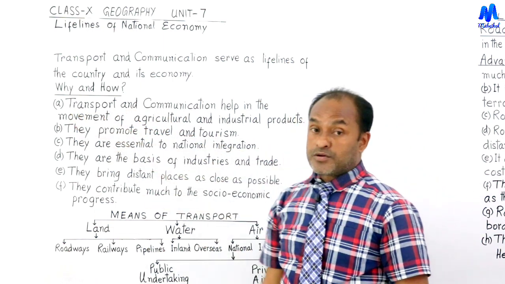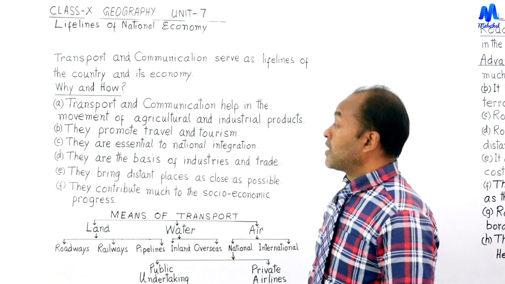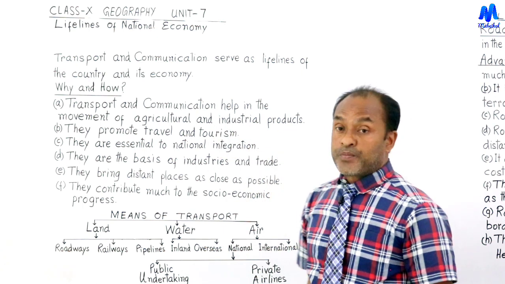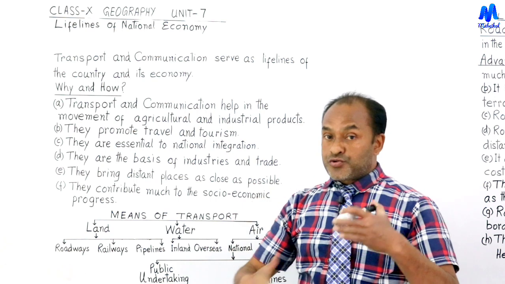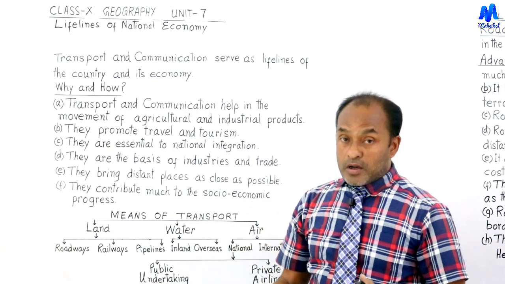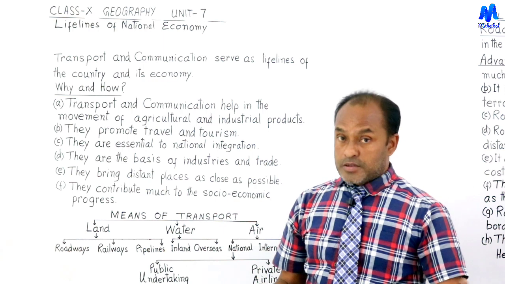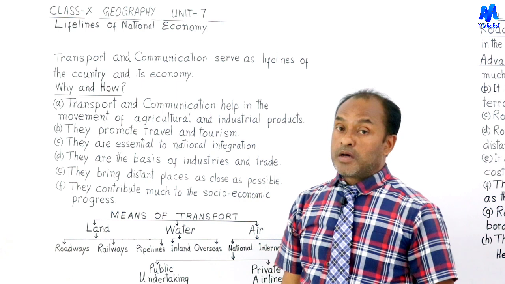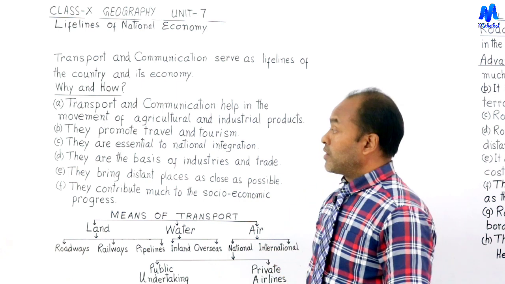Number A, transport and communication help in the movement of agricultural and industrial products. If we are going to sell industrial products, if we are going to sell agricultural products to other markets, then this transport and communication will help immensely. Okay.